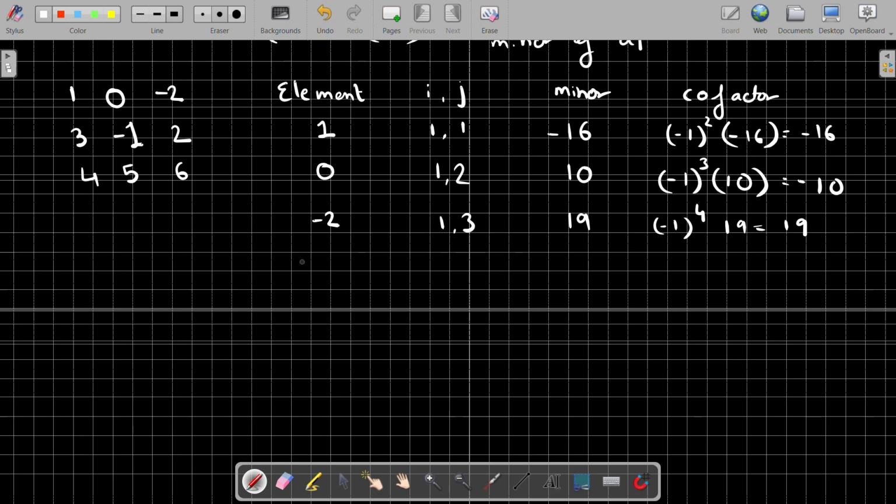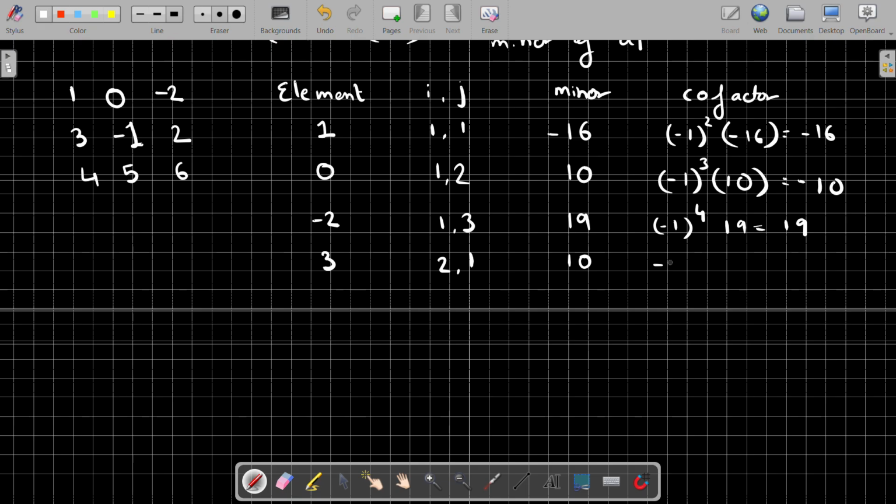Element 3, position 2 1. The minor in this case is 10 because 6 into 0 minus 5 into -2 is 0 minus -10, which gives us 10.